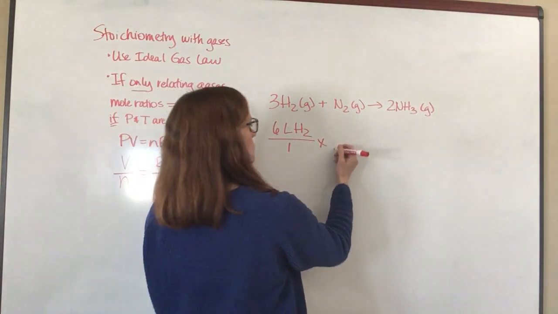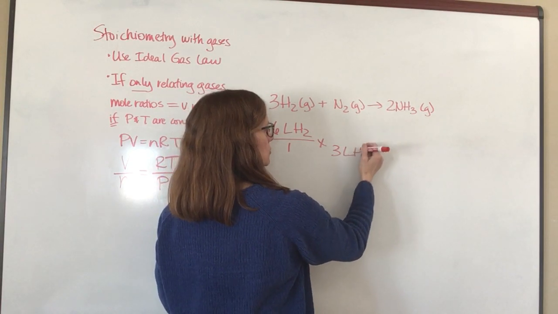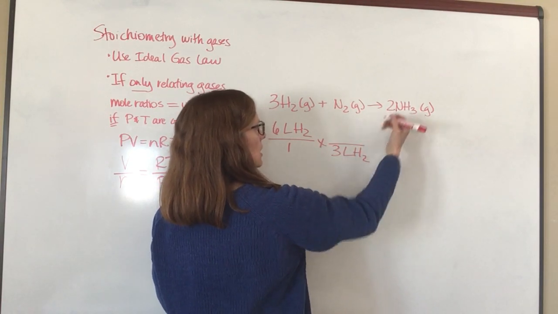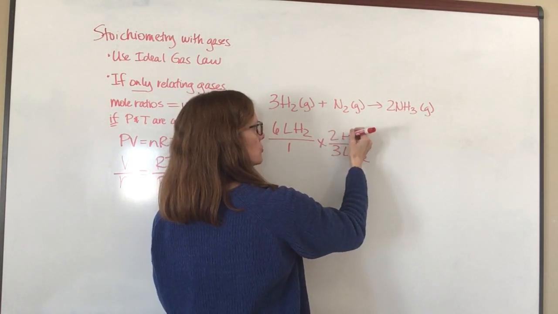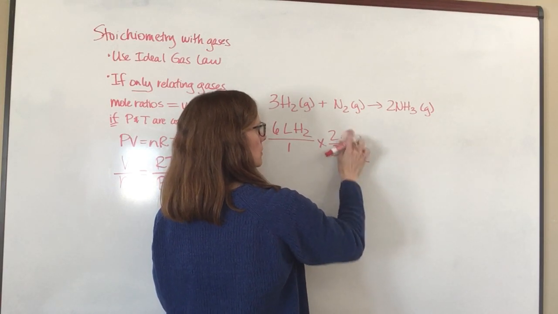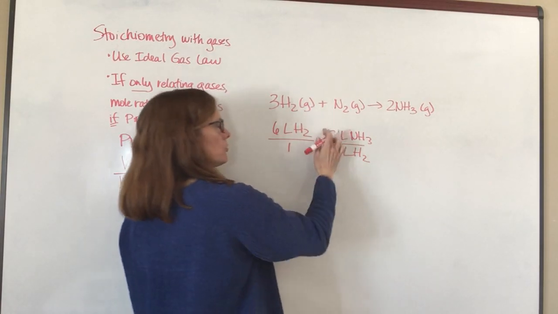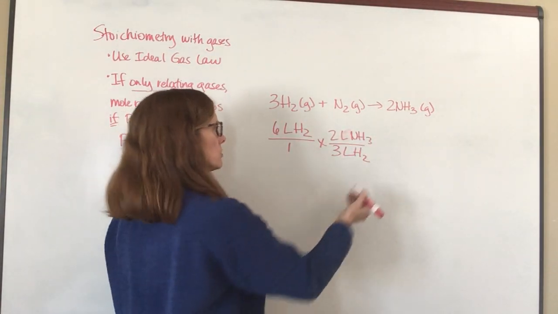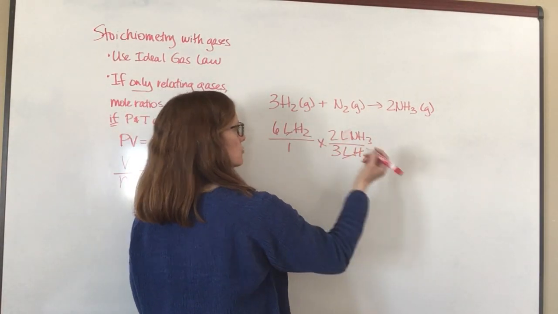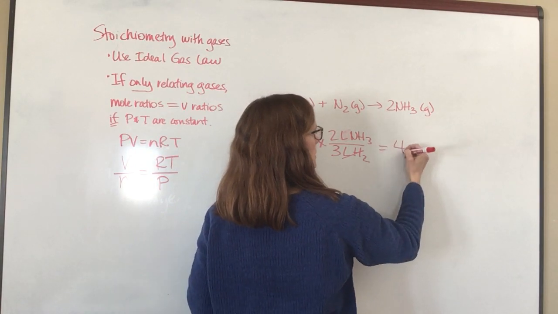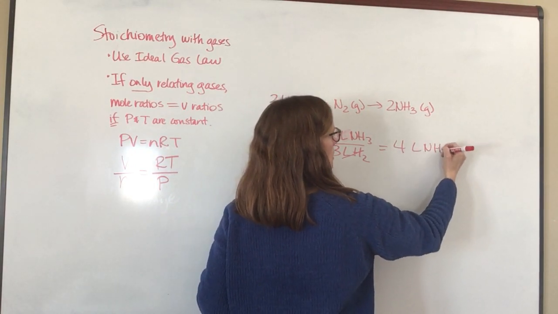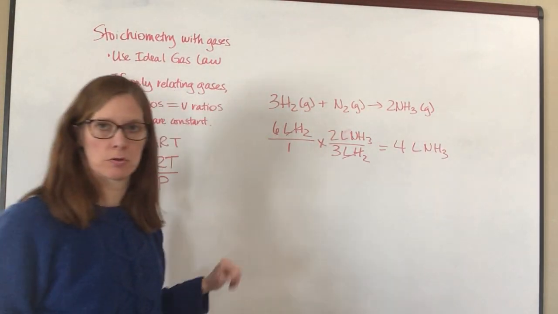So from the equation, 3 liters of hydrogen is going to react to produce 2 liters of NH3. Again, the 2 and the 3 come directly from the equation, so liters of hydrogen cancels out, and that will give me 4 liters of NH3 that are going to be produced.